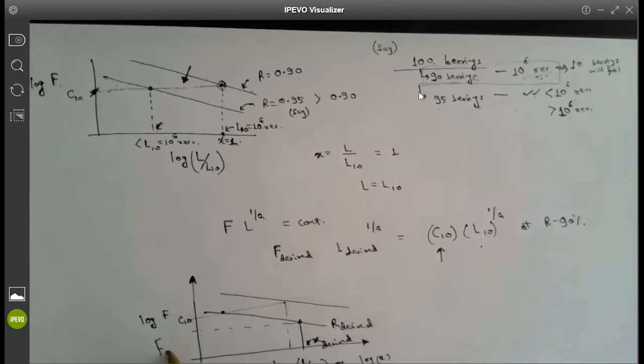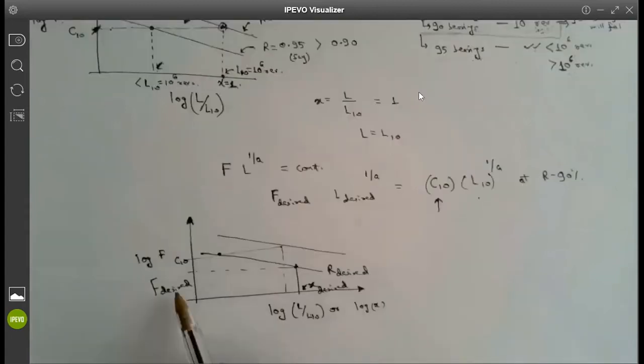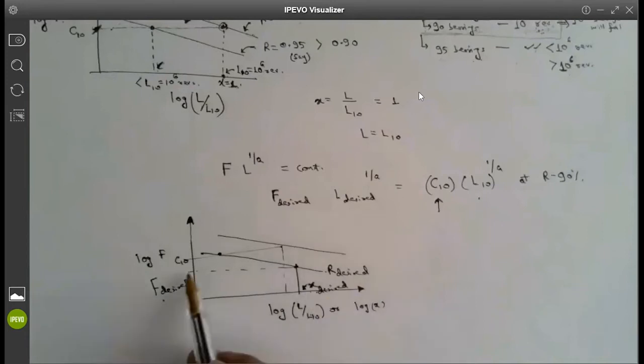So we are given the load, the life, and reliability. All three are desired, specified by the designer. The designer wants 99% reliability, say 100 million revolutions, and a specific amount of load to be supported. So we know we have the desired load, desired life, and desired reliability.